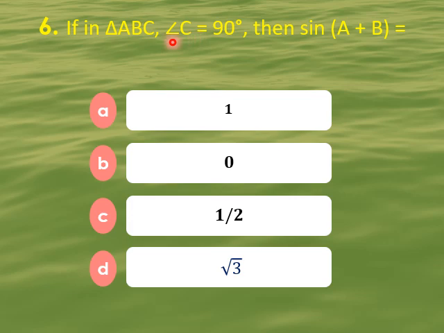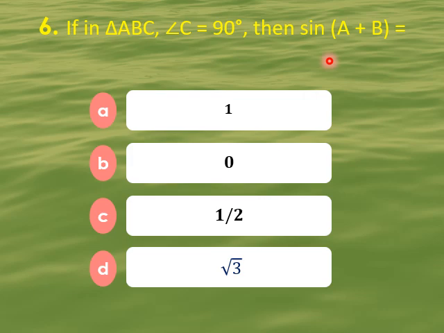If in a triangle ABC angle C is 90, then sin of A plus B is how much? First it looks a bit confusing since we don't know the formula of sin A plus B, but actually it is a very straightforward problem. We know that the sum of the three angles of a triangle is 180 degrees.